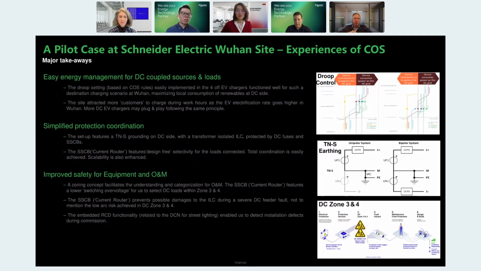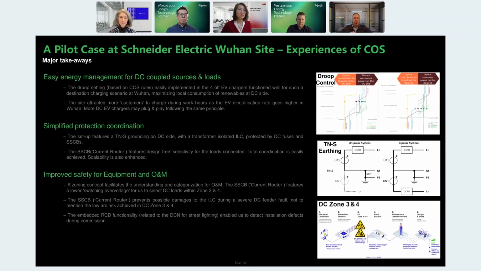I want to add some more words here: our experience is that the number of charger points is more important than the power level of a single charger. This is very important for a destination charging scenario, and also for DC coupled microgrids.